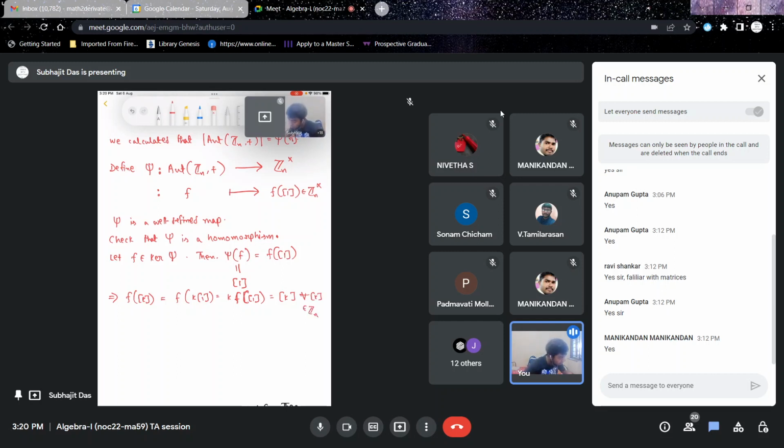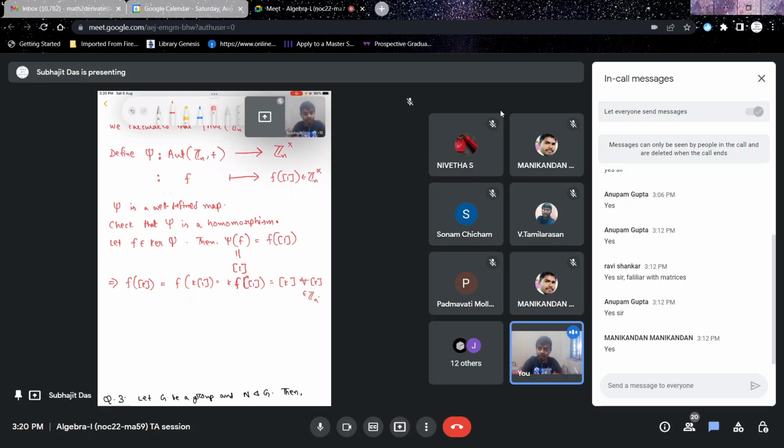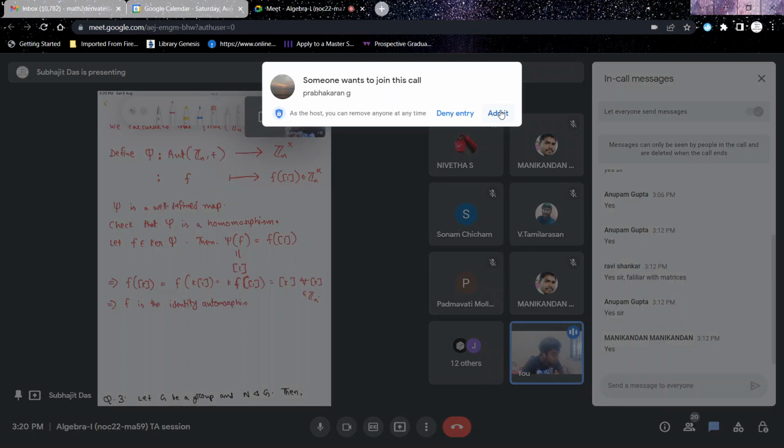The point is, if f is in the kernel, then f is the identity map, which implies f is the identity automorphism. In other words, what we have proved is Psi is therefore injective.